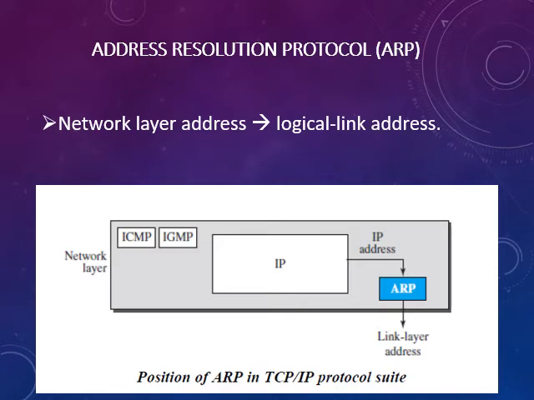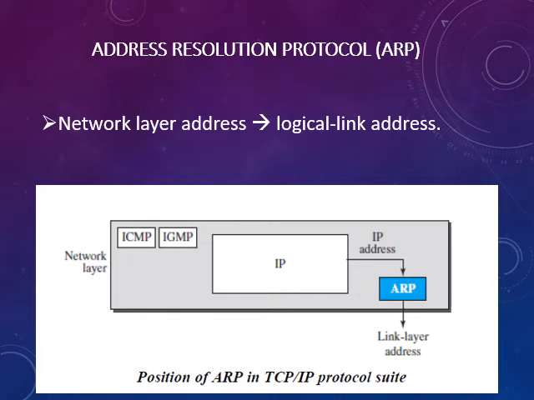Anytime a host or a router needs to find the link layer address of another host or router in the network, it sends an ARP request packet. The packet includes the link layer and network layer address of the sender and the network layer address of the receiver.